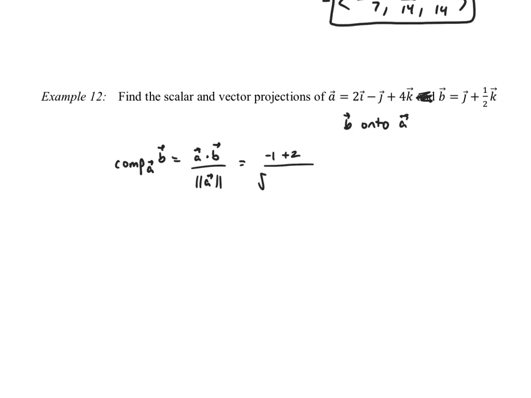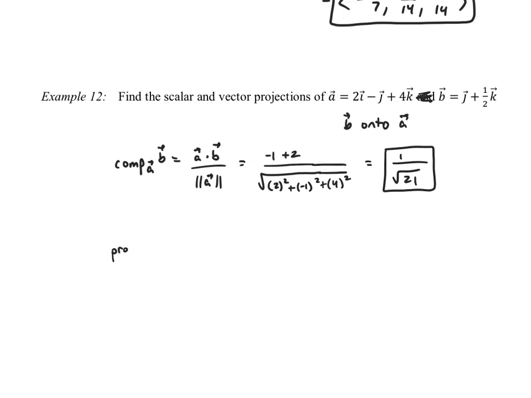And then we take the square root of A, we're doing the magnitude of A, so 2 squared plus -1 squared plus 4 squared. And that gives us 1 divided by, let's see, 16, 4, and 1. So we have square root of 21. So there's your magnitude. There's your scalar projection.